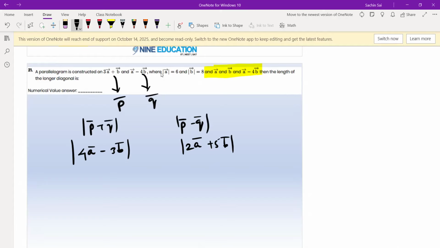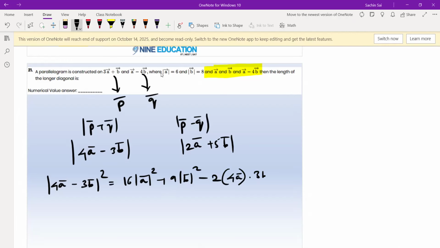Now either of these could be the longer diagonal. And to find the length of the longer diagonal, you need additional information about them, because how do I calculate modulus of 4a bar minus 3b bar? We know that modulus of 4a bar minus 3b bar whole square can be written as 16 mod a square plus 9 mod b square minus 2 times 4a dot 3b.